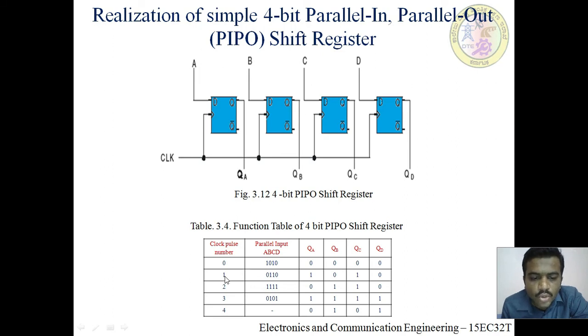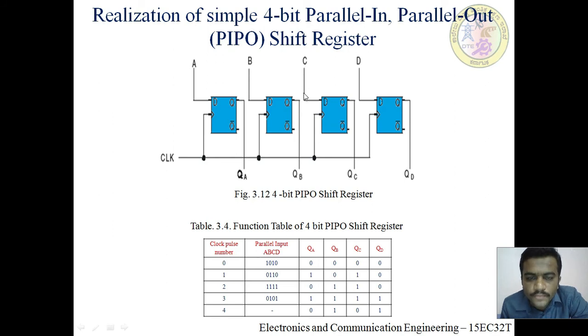When the first clock pulse is applied, the value 1010 present on the inputs A, B, C, D will be directly loaded into the individual flip-flops, and this value will also appear at the output of the individual flip-flops. Hence, the value of A will be shifted to the output line QA. The value of input B will be shifted on the output line QB.